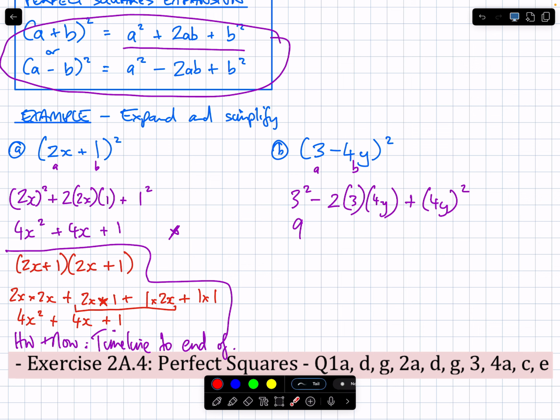What is negative 2 times by 3? Negative 6, but then negative 6 times by 4y. What's 6 times by 4? 24. Negative 24y. And then last one, 4y squared. 4 times 4 is 16. And then y squared is y squared. Okay? That is showing both forms of that shortcut with those two examples. I'll stop the recording.